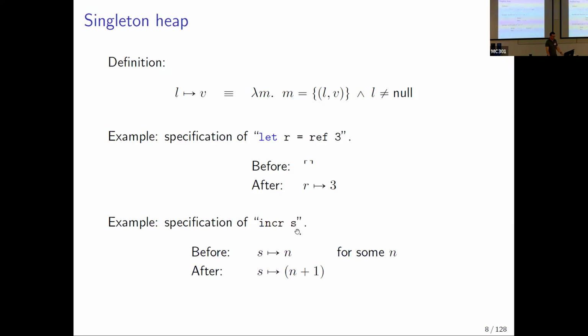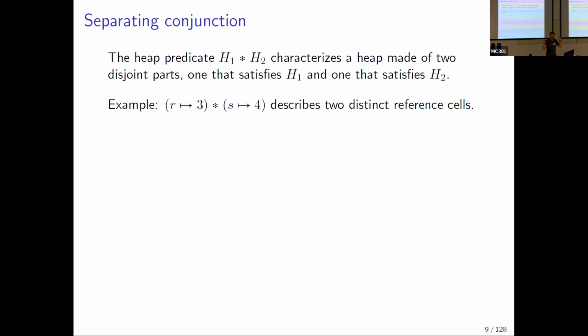The specification of increment of s is: s maps to n before, for some n, and after, s points to n plus 1. This is all supposed to be simple to understand, but at the moment where you don't understand something, please tell me.